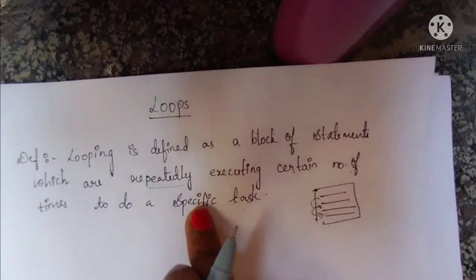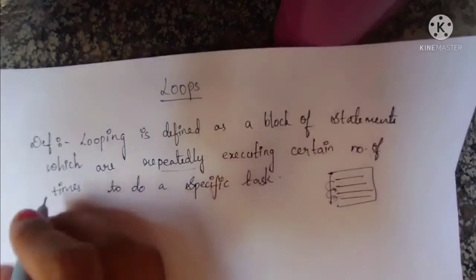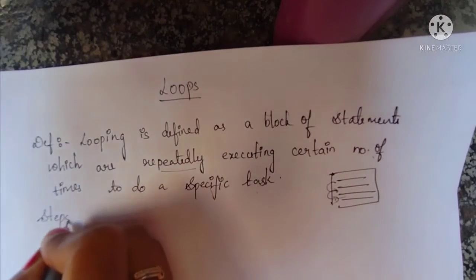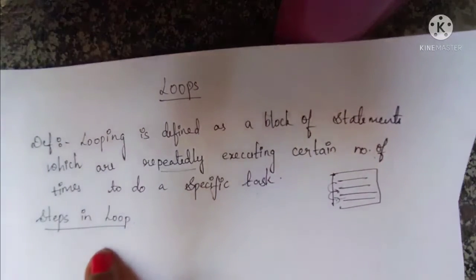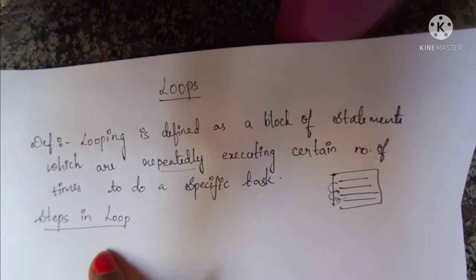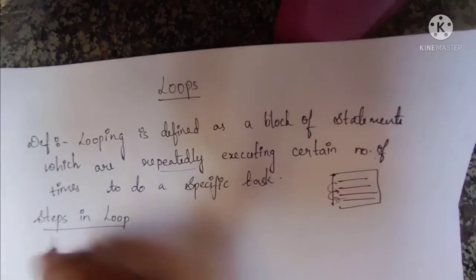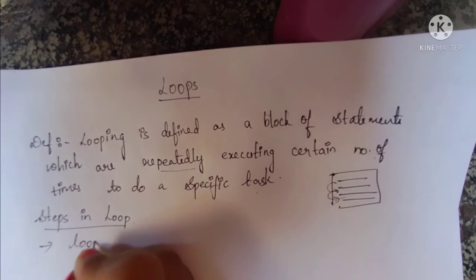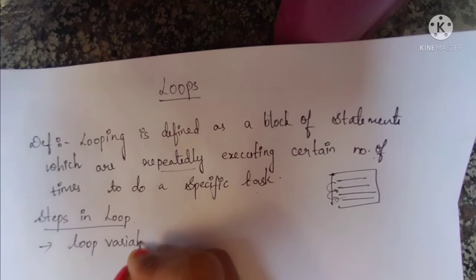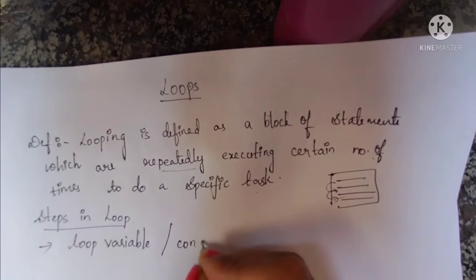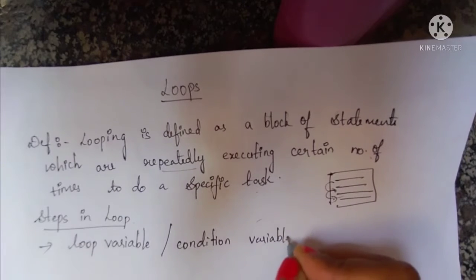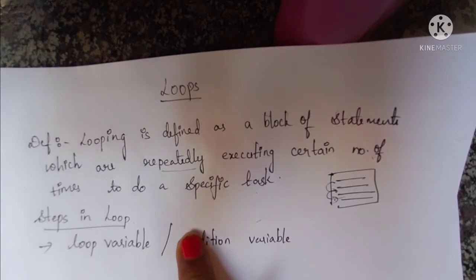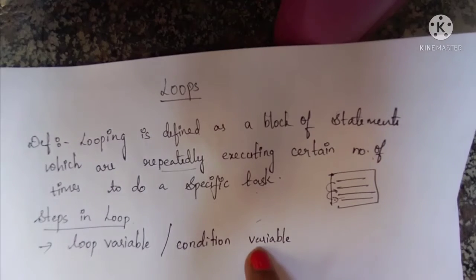So what are the steps involved in defining the loop? Okay, we'll see the steps in the loop. First it should check the loop variable or condition variable. This is a variable used in the loop to evaluate the expressions.